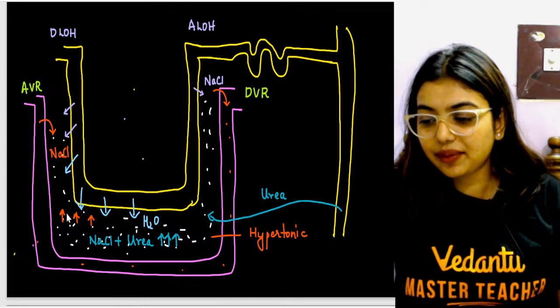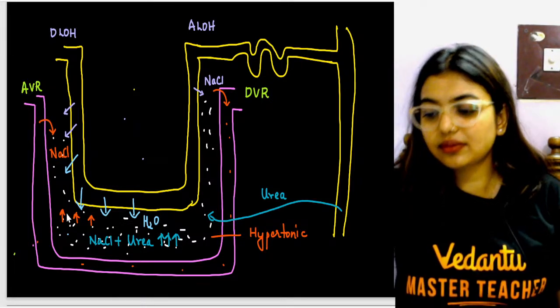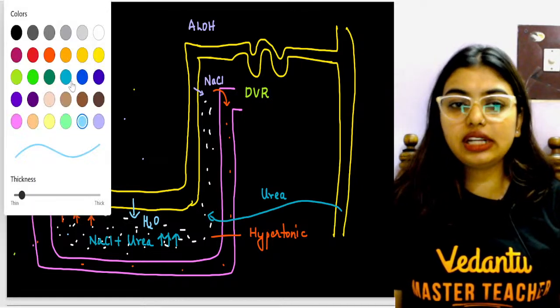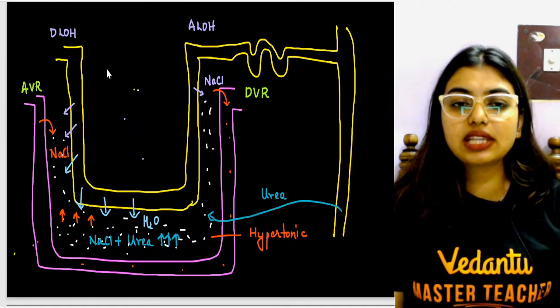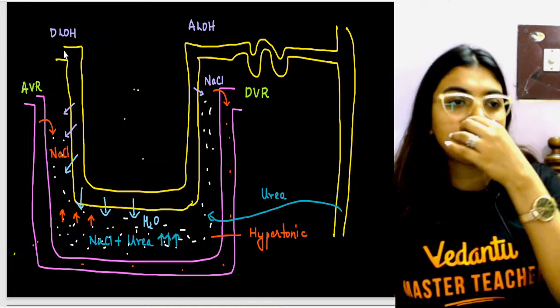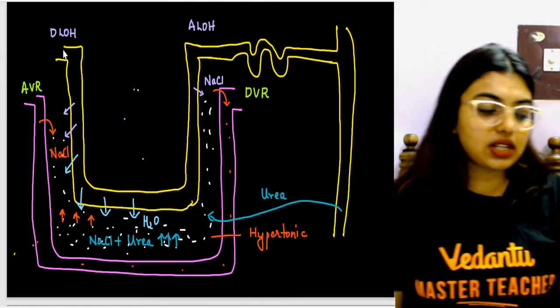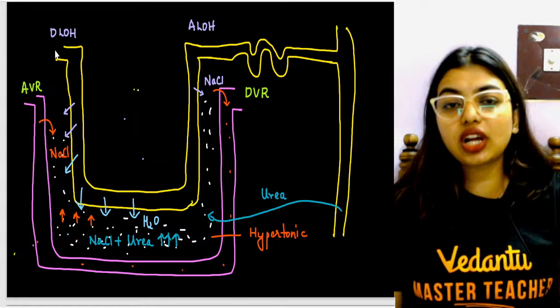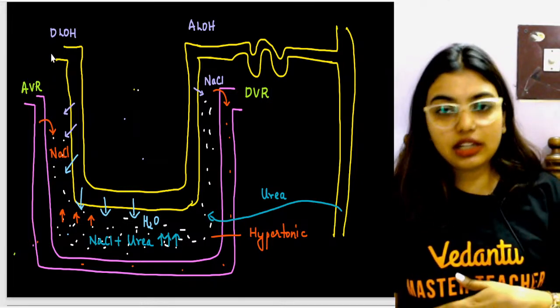So students, this is usually done during the stress mechanism. That means if a person has not consumed enough water, like how you people do fasting during Navratri, then there is a high chance that the person will not have enough water in the body.